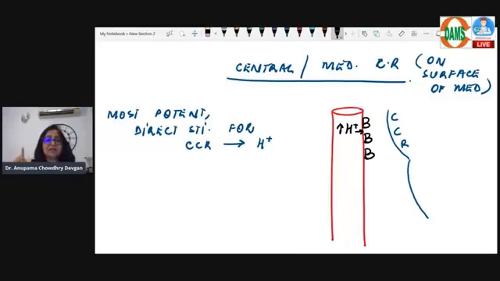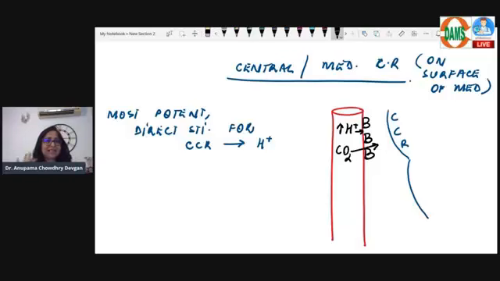And we've done this in the first chapter. Blood-brain barrier is formed by tight junctions between the endothelial cells of cerebral capillaries. So most potent direct stimulus for the central chemoreceptors is going to be H+, but H+ cannot cross this blood-brain barrier. But what can cross the blood-brain barrier is CO2.